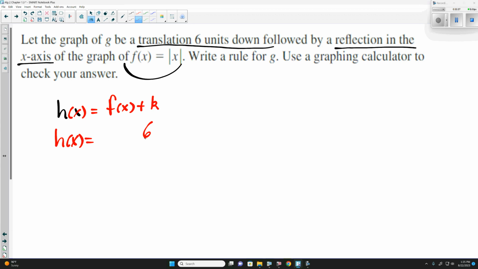Negative because it's going down. Now at this point, in all the previous ones we'd be putting f of x and that's fine, but what is f of x? There's nothing to say we can't plug both in at the same time. So that'd be it for the first part.